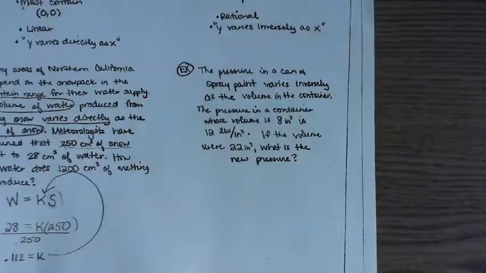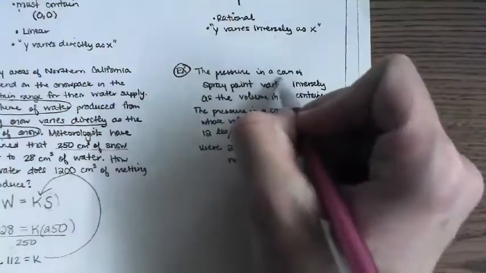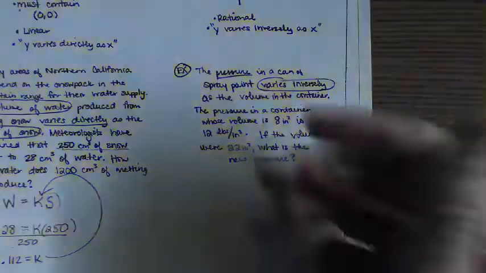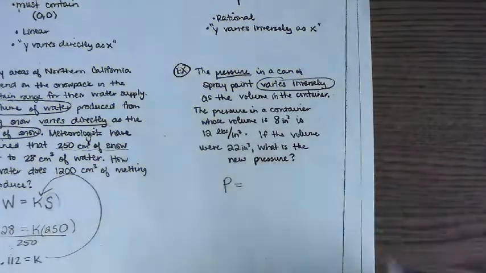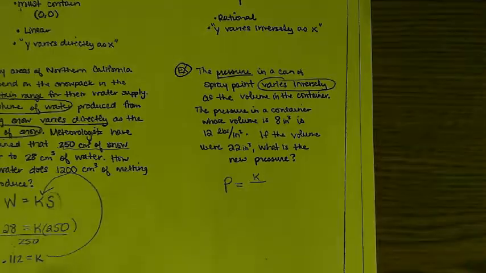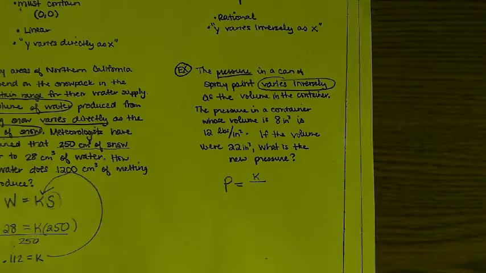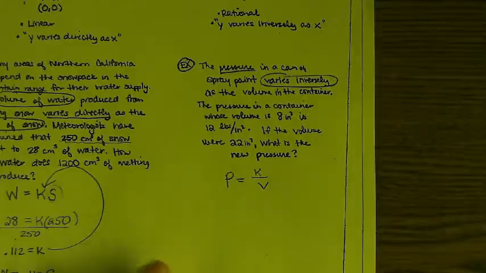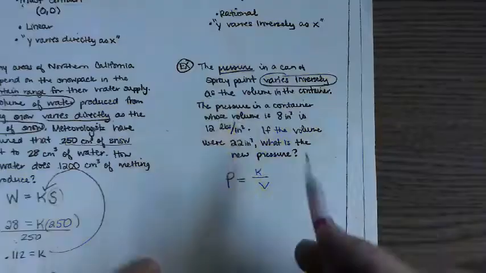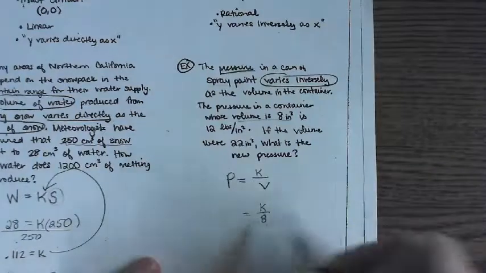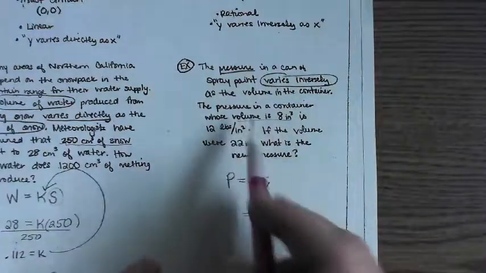The pressure in a can of spray paint varies inversely. So what? The pressure varies inversely, so k over, as the volume in the container, so k over V. The pressure in a container whose volume, so the volume is 8, and the pressure is 12 pounds.